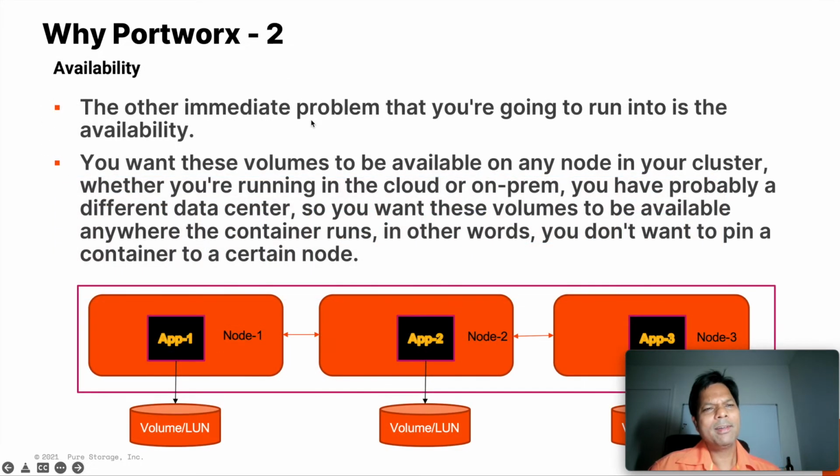The second need is availability. Availability is a very important topic if you are running a production workload in a Kubernetes cluster. And obviously if we are running a stateful pod, a stateful application or database, then availability is much more important. Why?